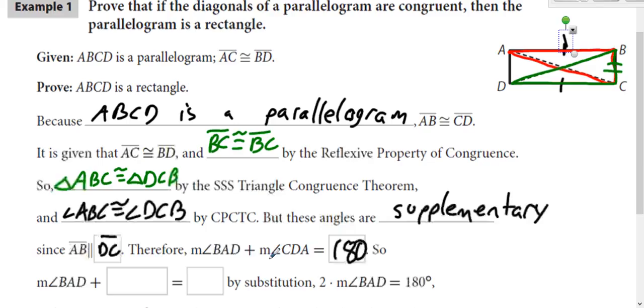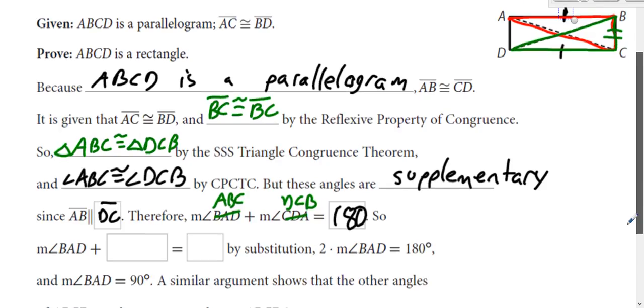Now they're using the other side. Let's change this BAD to ABC. So now by doing some substitution, remember that's supposed to say ABC, and instead of DCB, we can substitute in ABC. So we have ABC in there twice.